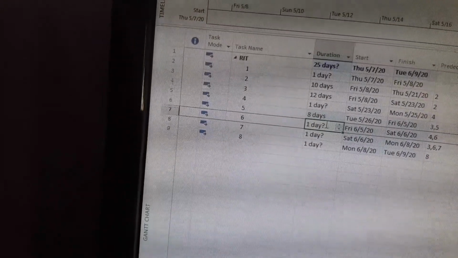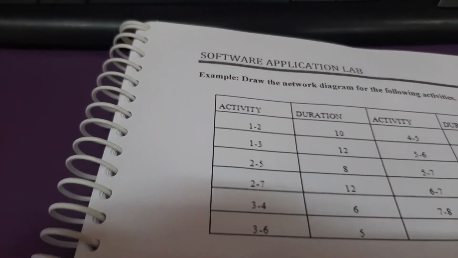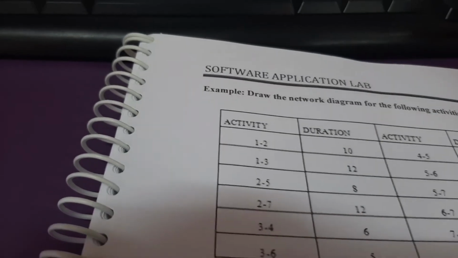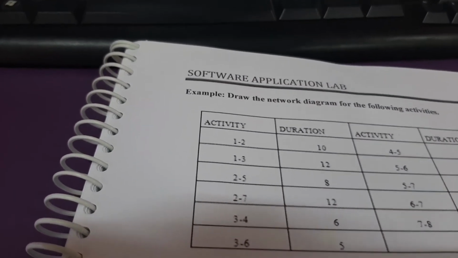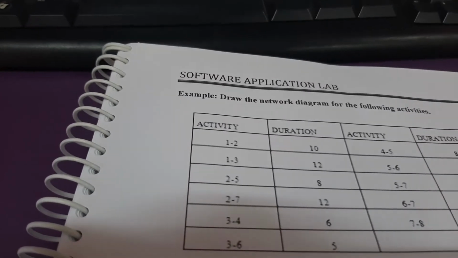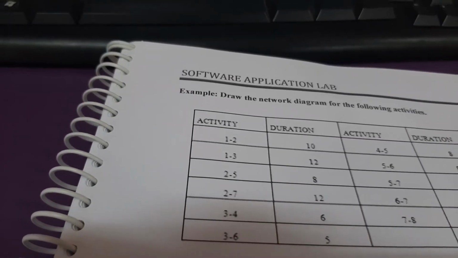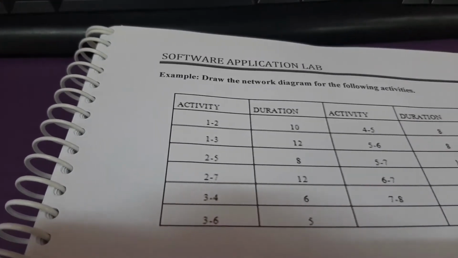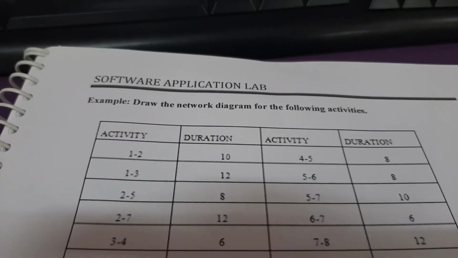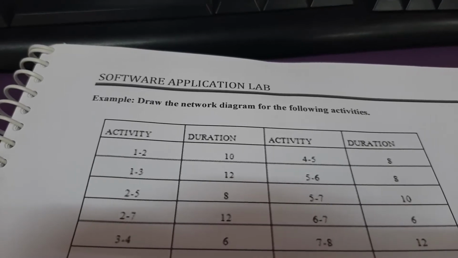I am entering it here. Look at that, 10 days, 12 days, 8 days I am entering here. Next, activity 7, it is 12 days. Activity 4, how much have they given? 6 days. Type that. And activity 6, how much have they given? Activity 6 is 5 days duration.